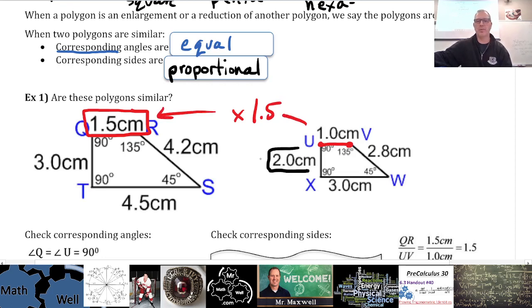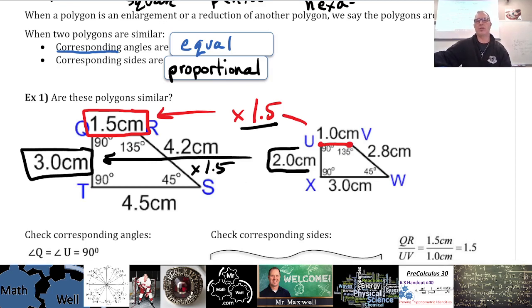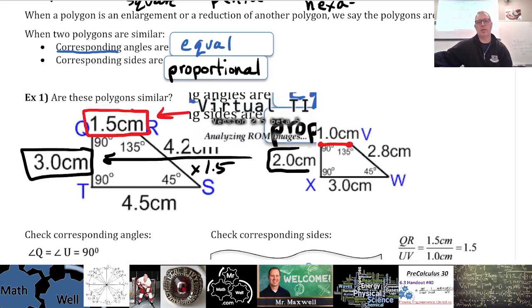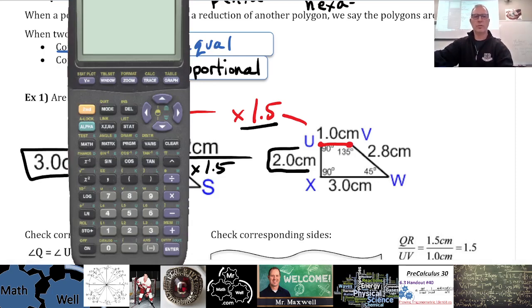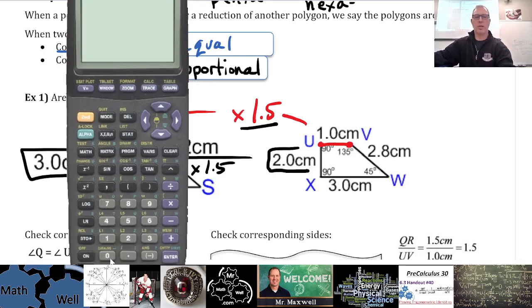Now, what about going from this one to all the way over to this one, 3? Would I multiply by the same number? So let's check to see if this is true, and you probably don't even need your calculator for this, but we can totally use it. All right, so we'll bring that down just a bit. We'll turn it on. We'll go 2 times 1.5 is 3.